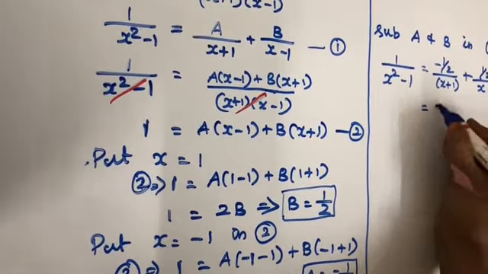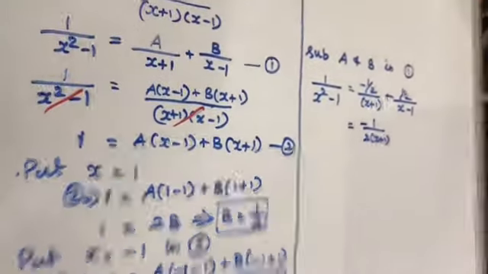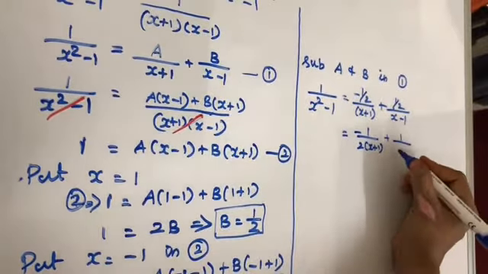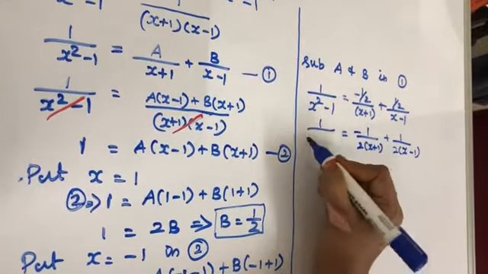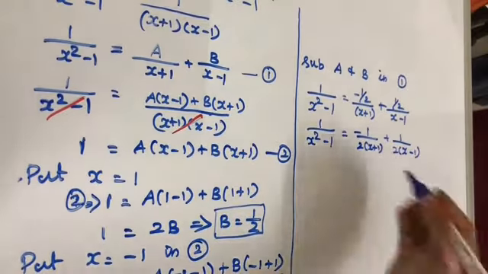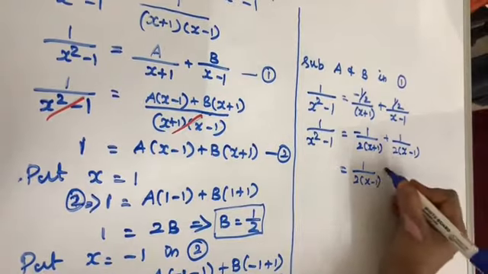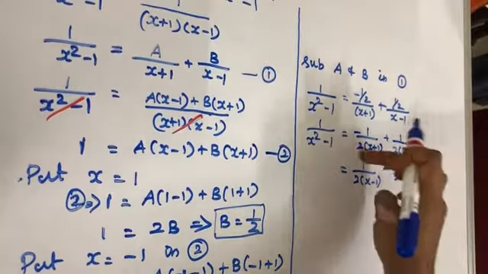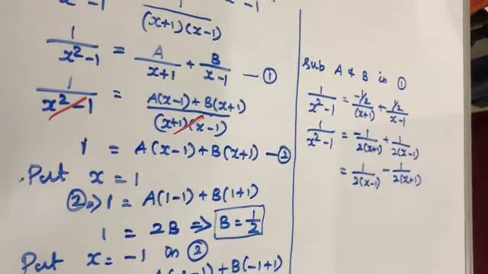That is equal to minus 1 divided by 2 into x plus 1 plus 1 divided by 2 into x minus 1. So 1 divided by x square minus 1 is resolved into two partial fractions. We can rewrite it as 1 by 2 into x minus 1 minus 1 divided by 2 into x plus 1. I will move the negative term to the last. So this is the answer.